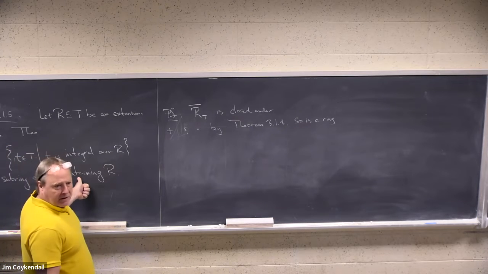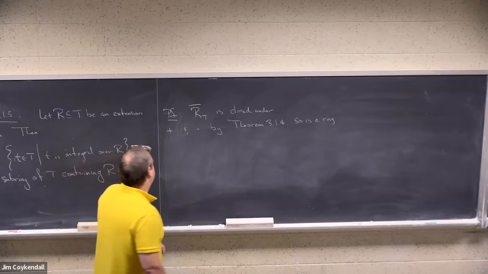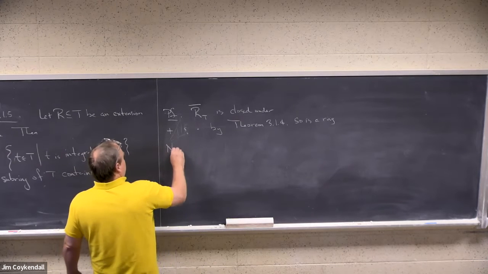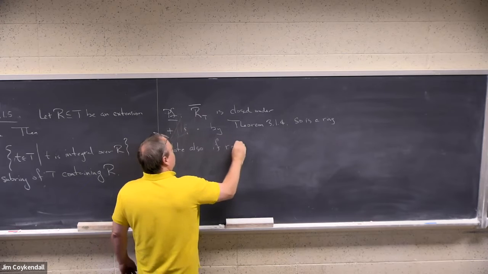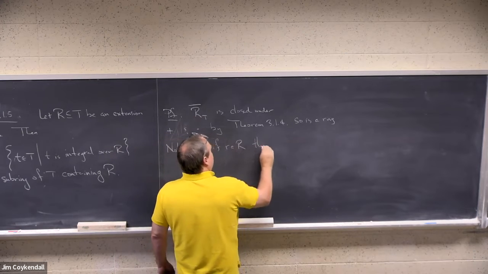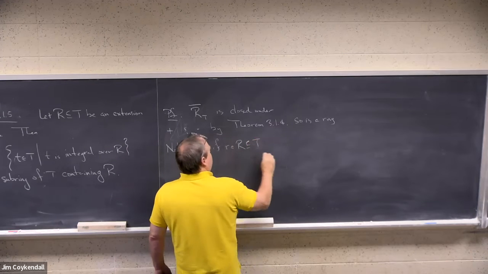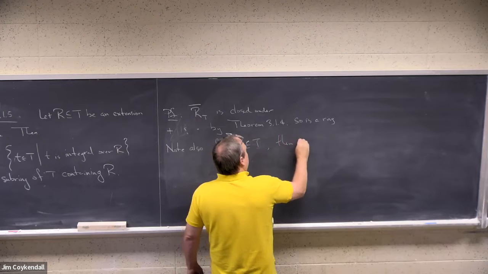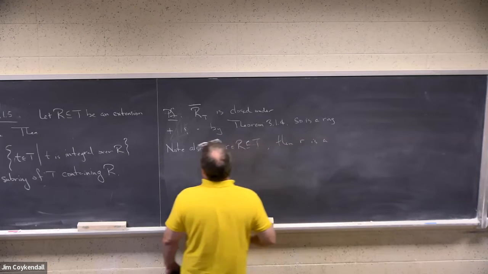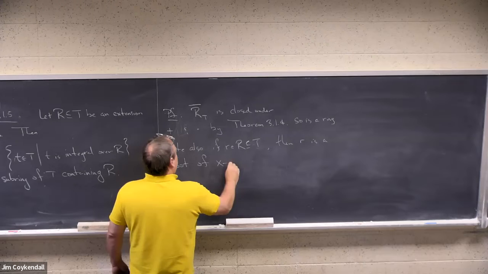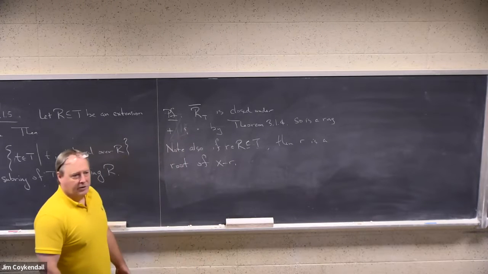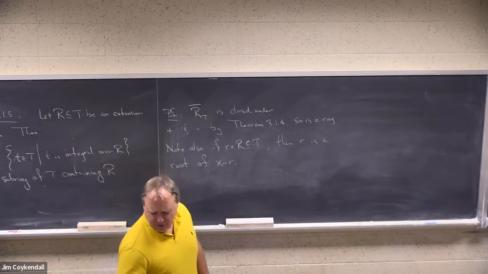And now containing R is all we need. If r is in R, then r is a root of the monic polynomial X minus r. So that shows that it contains R. Everything in R is in.